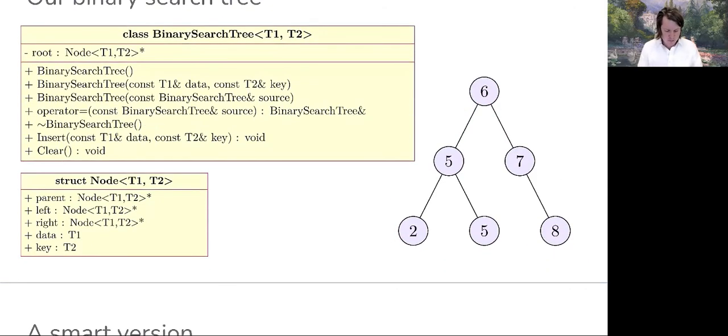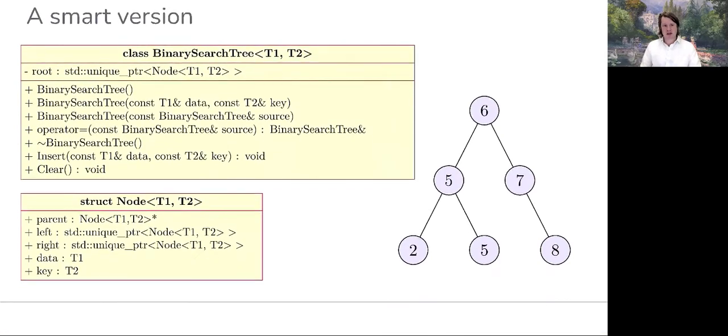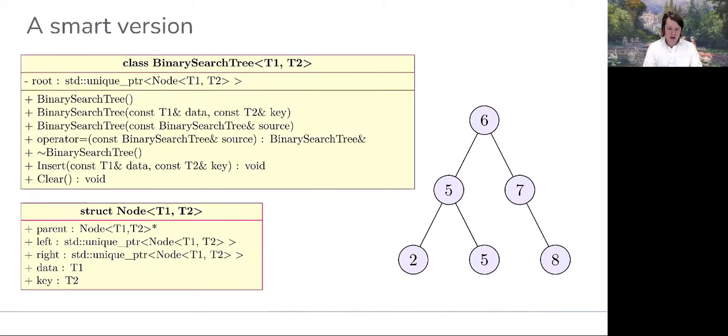Okay. So what does the smart pointer implementation look like for this? We'll say that the root is now going to be a unique pointer, meaning that the root is going to own this node.